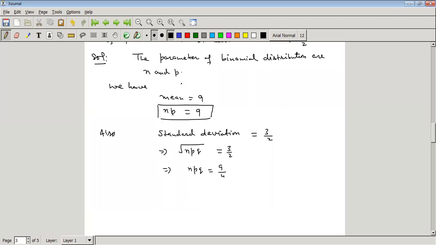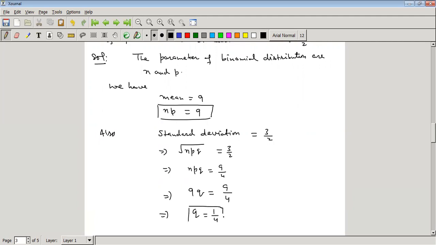And now NP is given, N into P is equal to 9, so we can put NP as 9. So 9Q is equal to 9 by 4. So this implies that Q is equal to 1 by 4.